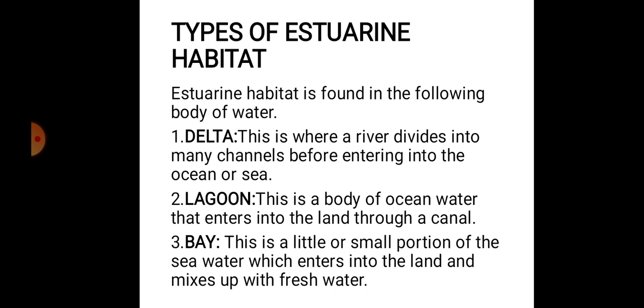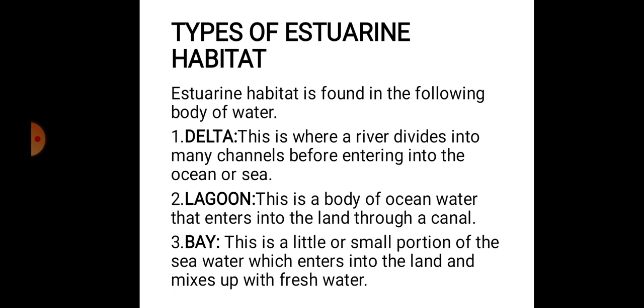Let us take it again. A bay is a small portion of the seawater which enters into the land and mixes up with the fresh water. A bay does not form through a canal. It just enters and remains there.